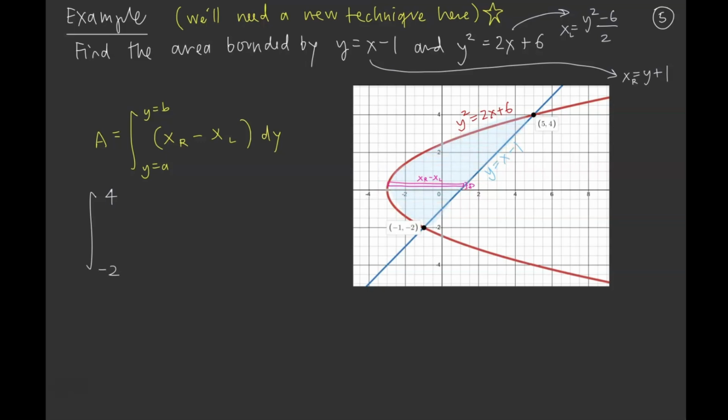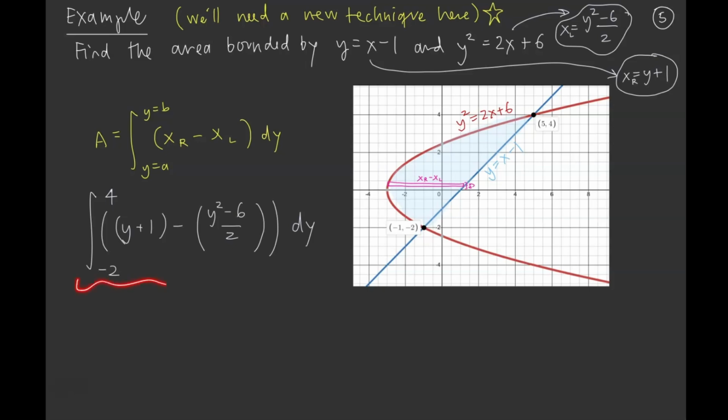We know that we want the x value on the right, which is the x value of this expression, minus the x value on the left, which is representing this relationship. And so we want y plus 1 minus y squared minus 6 over 2, and all of that is going to be times dy.